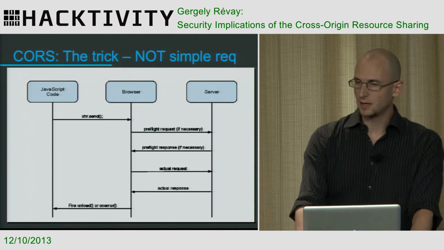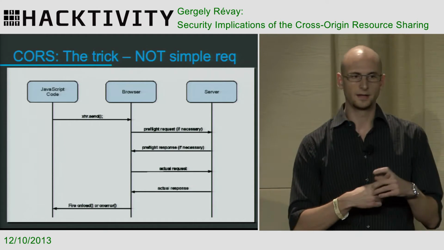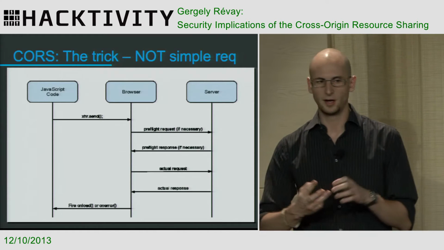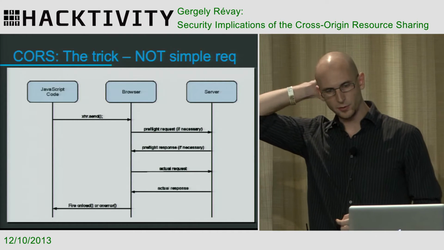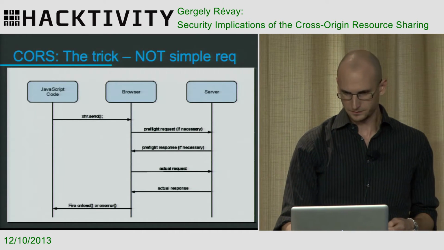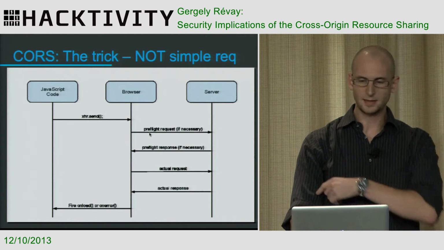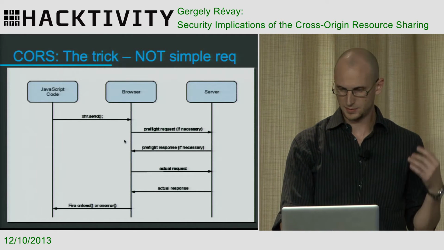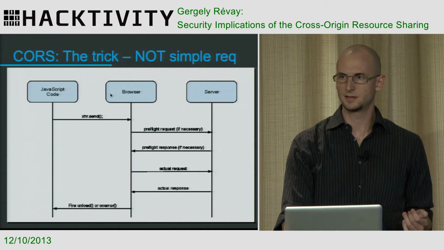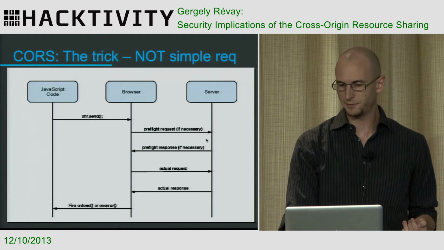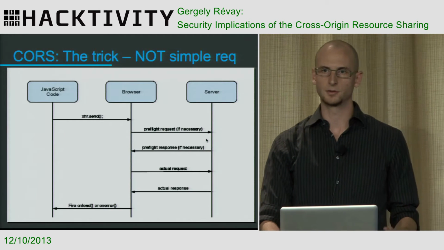But if it turns out that your request was not simple, for example, it was a PUT, or it had a funny HTTP header, or a funny content type, then the browser will say, okay, sorry, this is not a simple request, so what should we do? What it does, you can see here, is send a preflight request. In the next slide, I will show an example of what a preflight request is, but just to get the idea, you execute send, the browser sees that this is not a simple request, then it sends a preflight request, which is actually asking the server whether this kind of request is allowed or not.